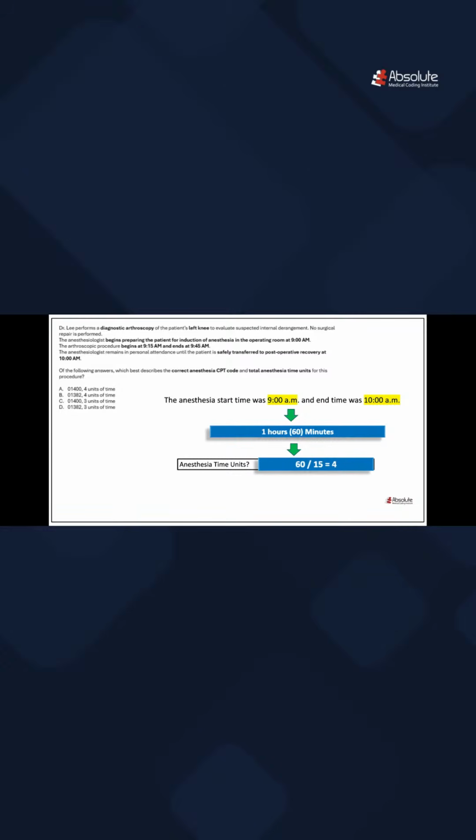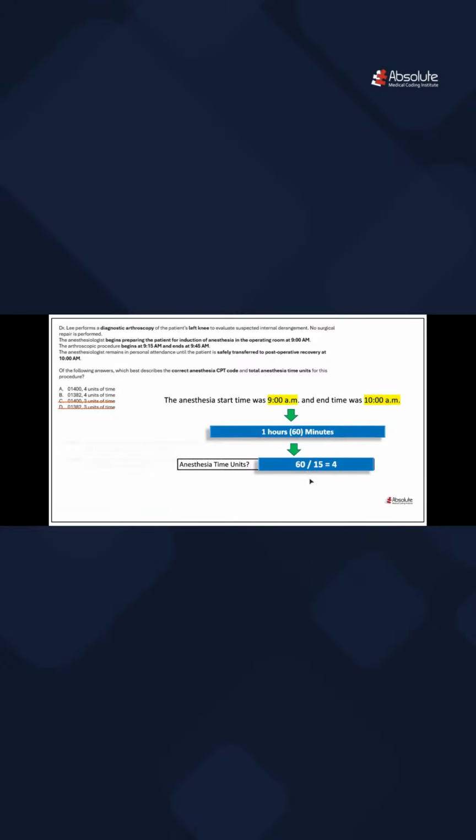So we have 4 anesthesia time units in our scenario, and if I know that, that helps me to eliminate option D and option C. You are left with option A and B because option C and D both are coding for 3 units of anesthesia, right? So option C and D are wrong and we are left with option A and B. Now, both have 4 units of anesthesia. Now, let's see the difference.